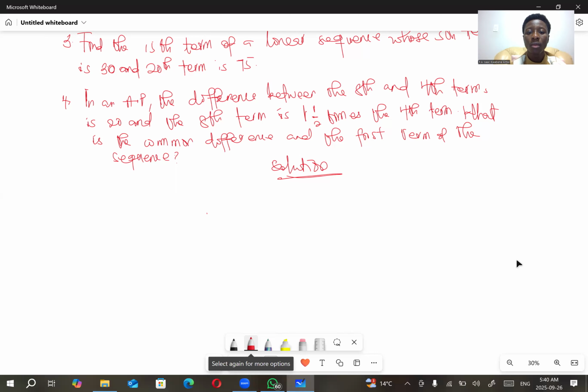The difference between the 4 and 3 is 1. What does it mean? When you subtract 3 from 4, the number you get, that's the difference. Say it properly.